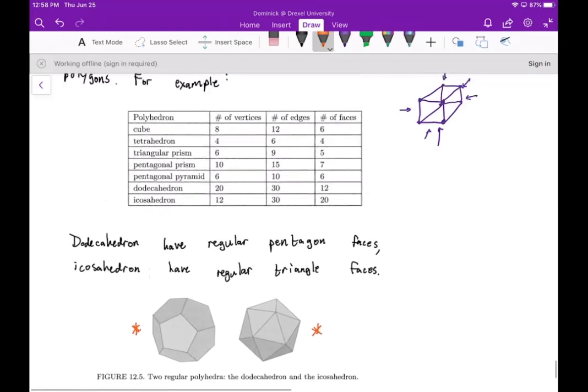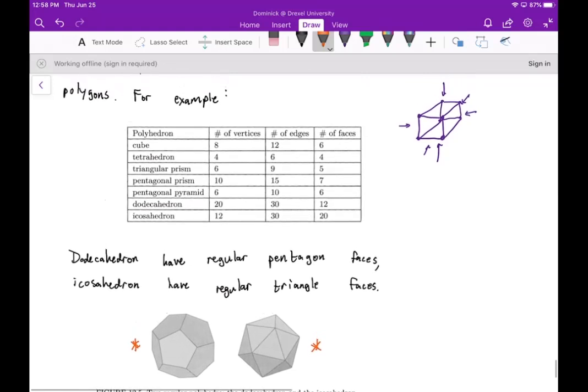Right? Now, if you stare at this table long enough and you look at Euler's formula, V plus F equals E plus 2, it looks like that's going to hold in all of these cases. So for example, for the cube, 8 plus 6 is equal to 12 plus 2.